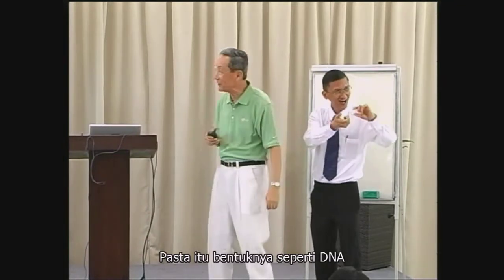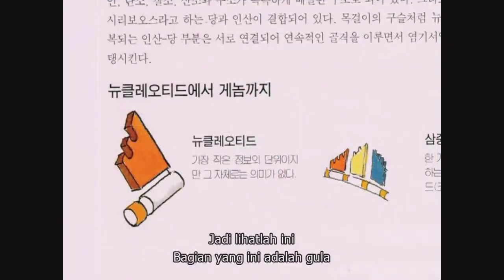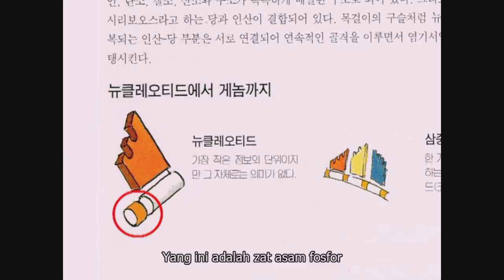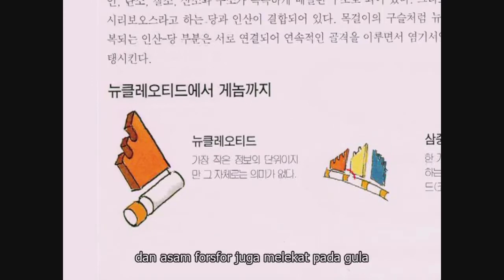This morning we had pasta, and pasta looked like DNA. So look at this. This is the sugar part, and this brown part is phosphoric acid. Sugar is in the center. The base is attached to the sugar, and phosphoric acid is also attached to the sugar.